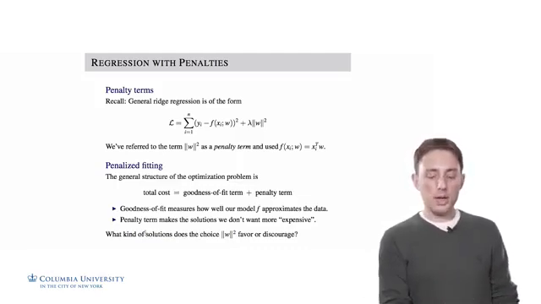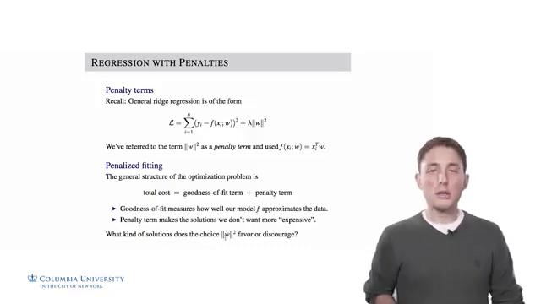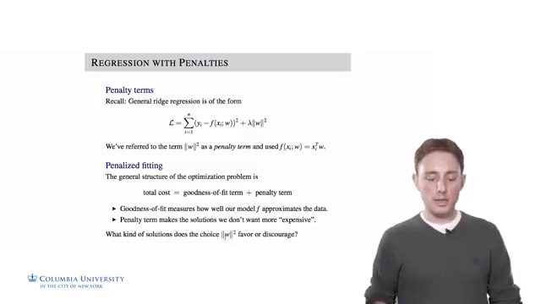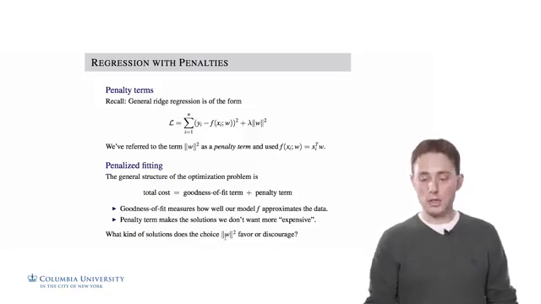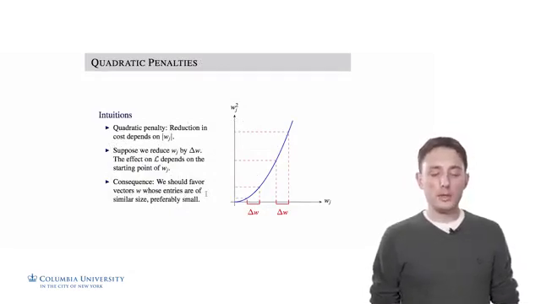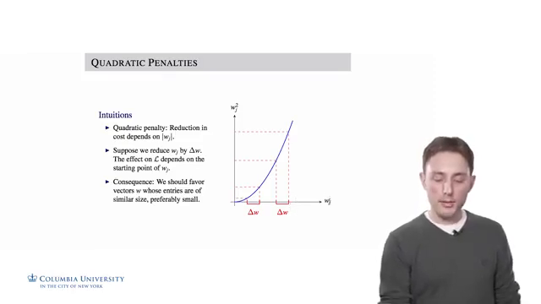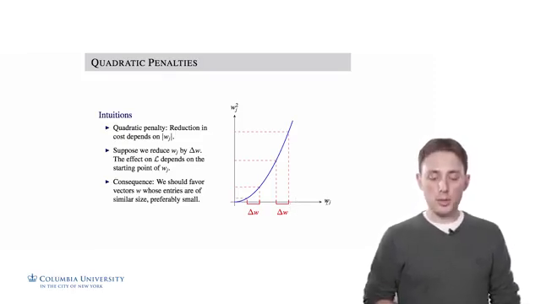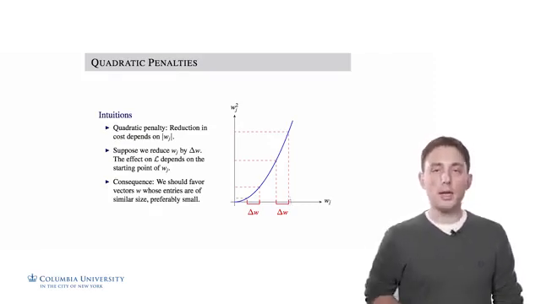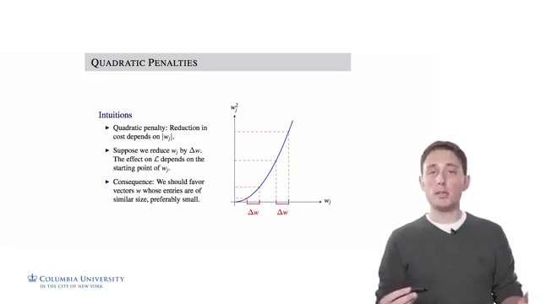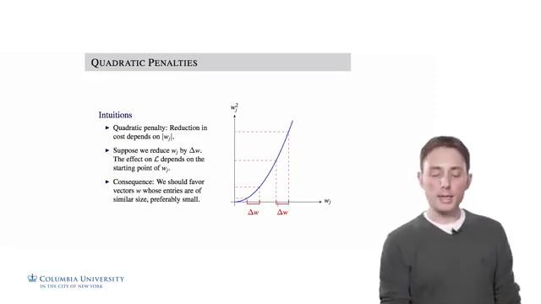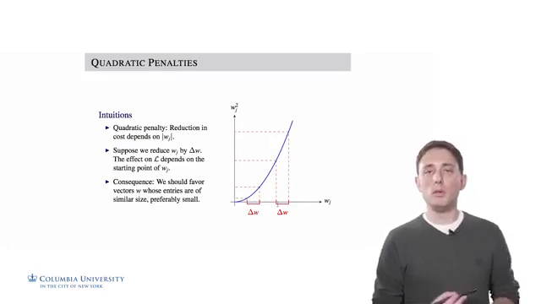So first, let's look at what kind of a solution the squared norm penalty favors and discourages. So the squared norm penalty doesn't treat all values of w equally. For example, let's consider the jth dimension of w. We start at a certain point, and then we want to see how much we reduce the objective function by subtracting some number delta w from that.